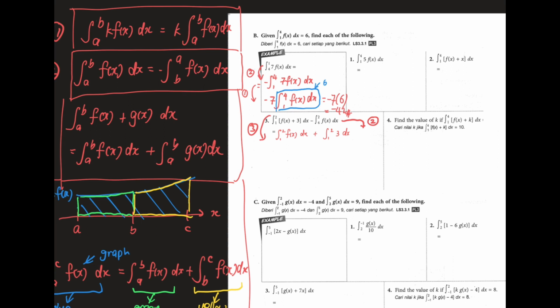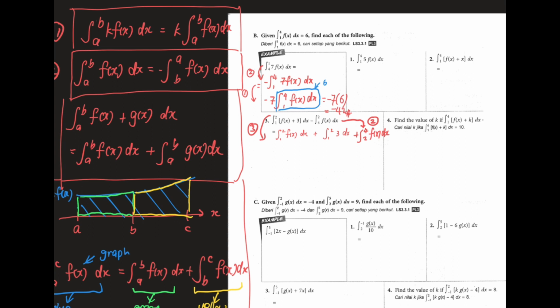Based on formula 2, you can turn the limit upside down, then a negative will come out. So I turn the limit upside down, becoming 4 2 instead of 2 4, and the sign changes because there's another negative, so it becomes positive, the integral from 4 to 2 of f(x) dx.